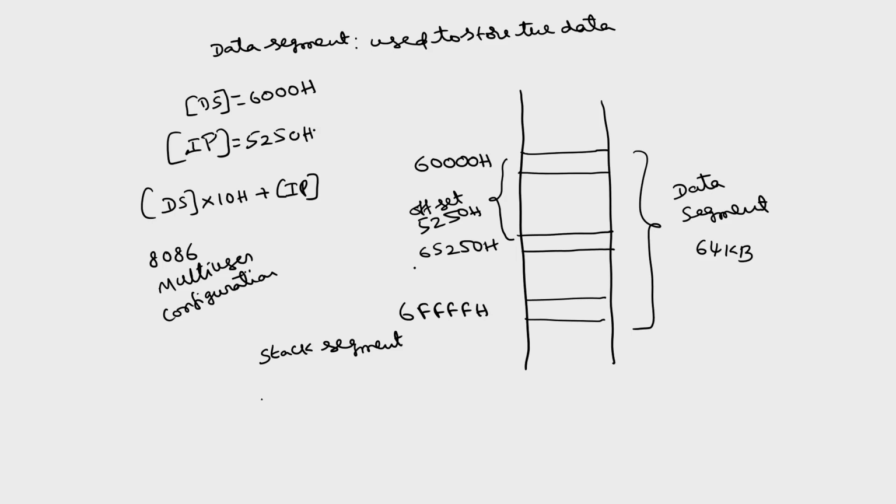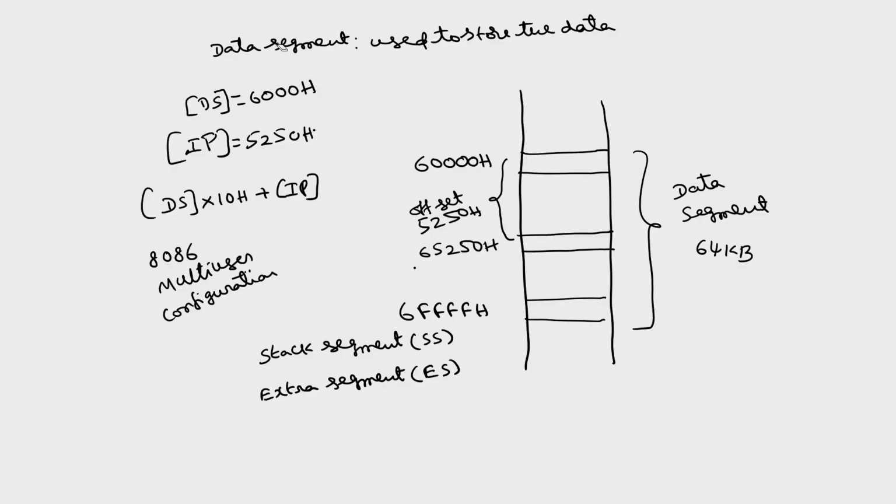There is one more called the extra segment. Extra segment basically stores the excessive data. There is a data segment which can store 64 kilobytes of data. If the data is in excess of 64 kilobytes, that excess data can be stored in the extra segment.